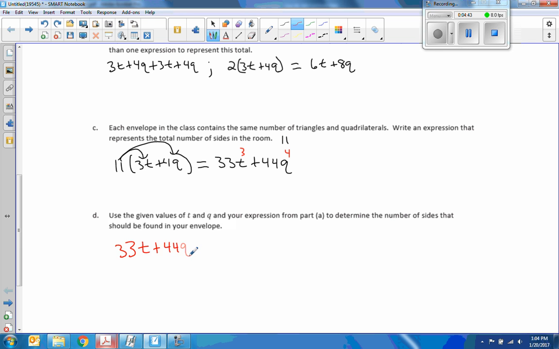Actually, let's do it for individuals first. 3t plus 4q. And if a triangle has 3 sides and a quadrilateral has 4 sides, substitute in 3 for t and 4 for q. 3 times 3 is 9. 4 times 4 is 16. 9 plus 16 is 25. So everybody in the class should have had a total of 25 sides.